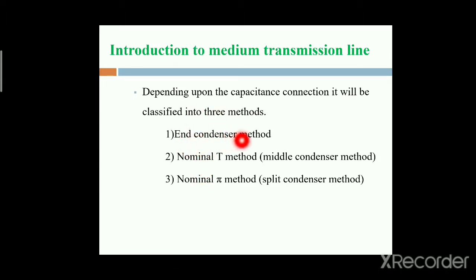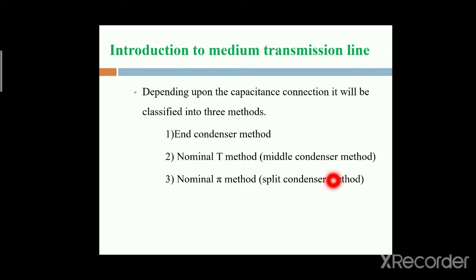First one is the end condenser method, next one is the nominal T method, which is also called the middle condenser method, and the last one is the nominal pi method or split condenser method.